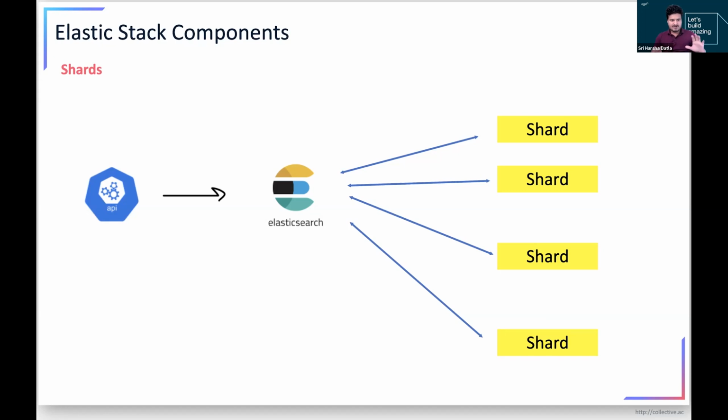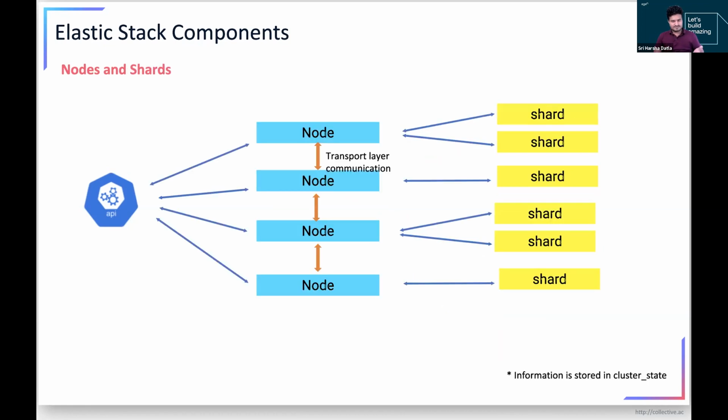Okay. Now, again, this seems good, but what if you're getting a lot of data requests, either for indexing or for retrieving, basically your load has increased? You definitely can't have a single Elasticsearch instance handle all of that. So what would you do? Enter nodes.